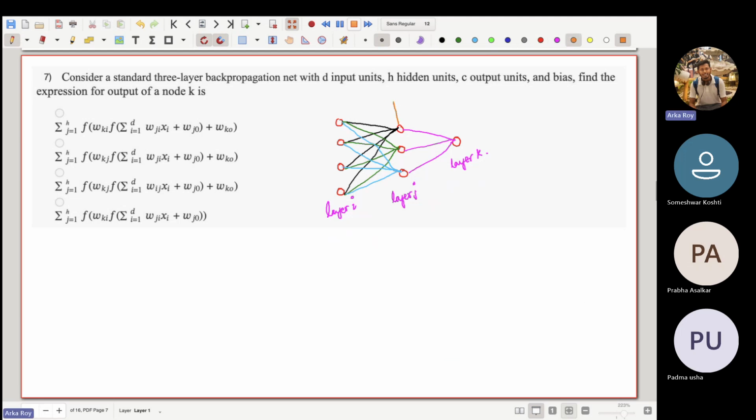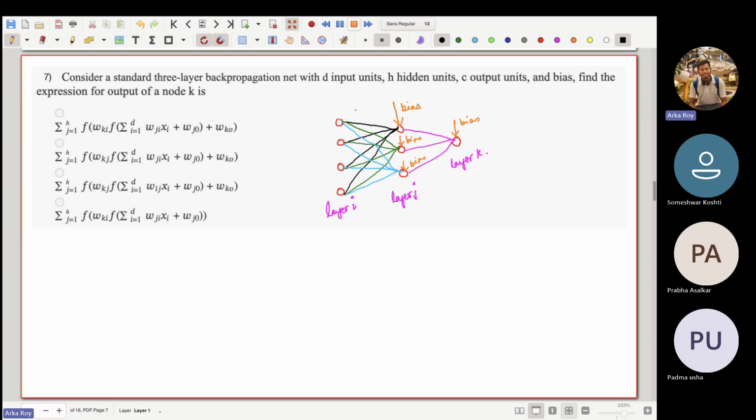So you need to add bias as well. In this direction you will get bias. So for each node you will have one bias, and over here also you will have bias. So this is for bias.